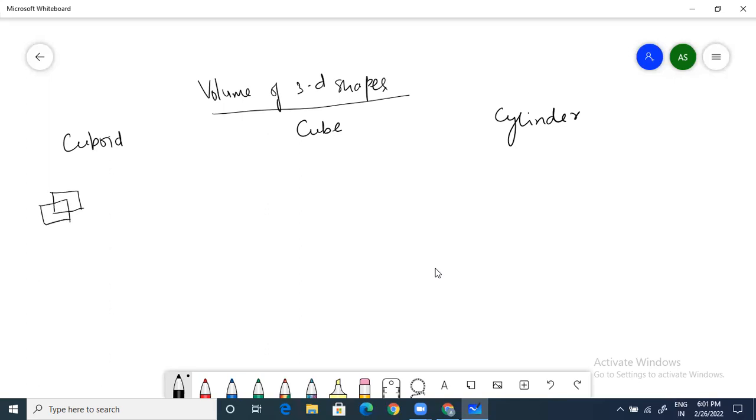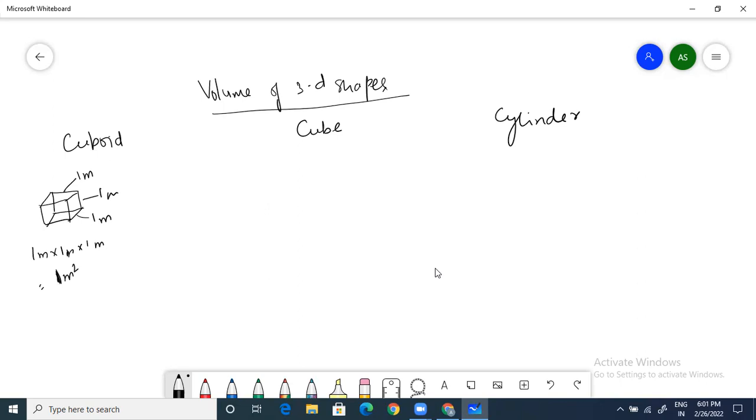So which means that we are calculating all the volume in cubical format, which means we are assuming that this is 1 meter, this is 1 meter, and even this is 1 meter. And if I do 1 meter into 1 meter into 1 meter, it will come as 1 meter cube.